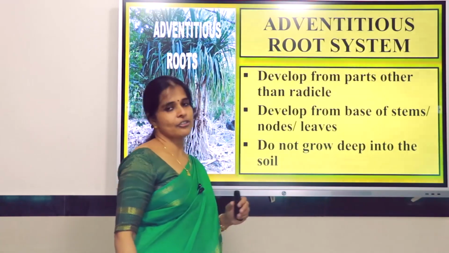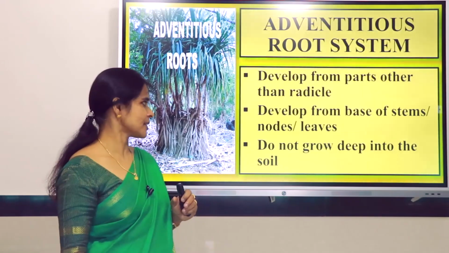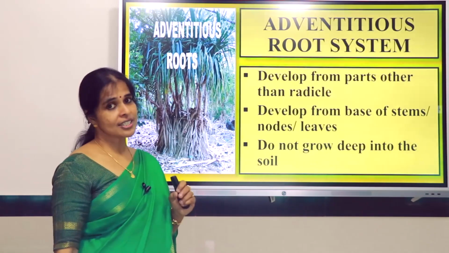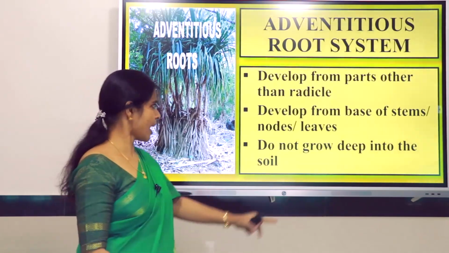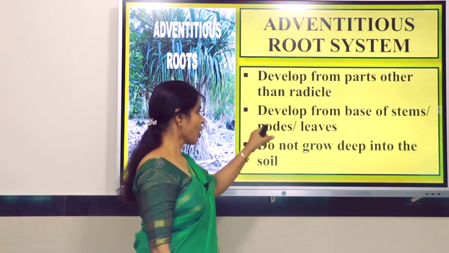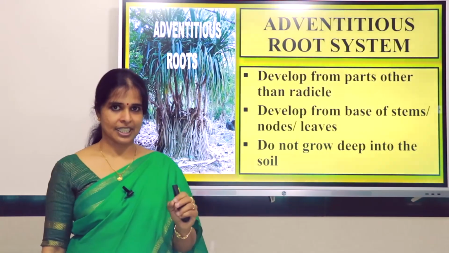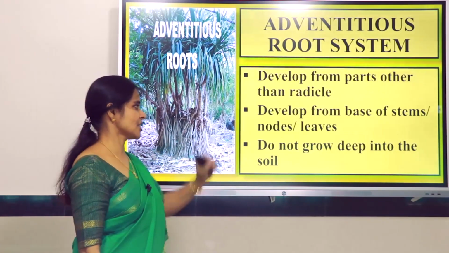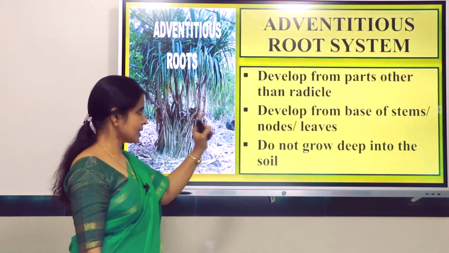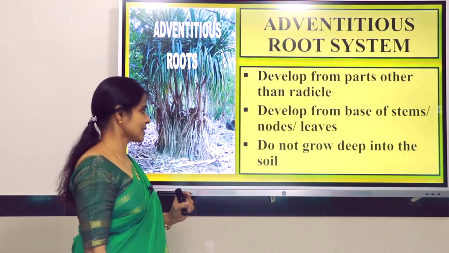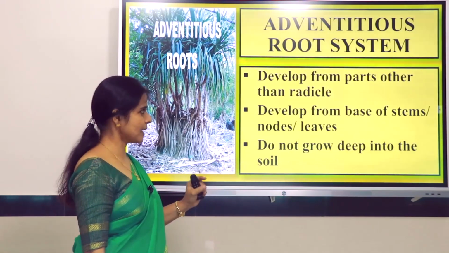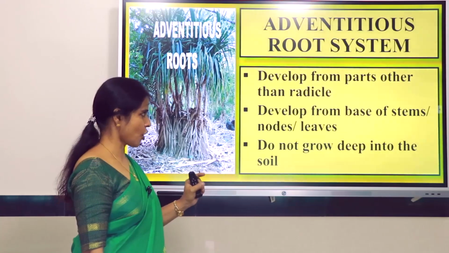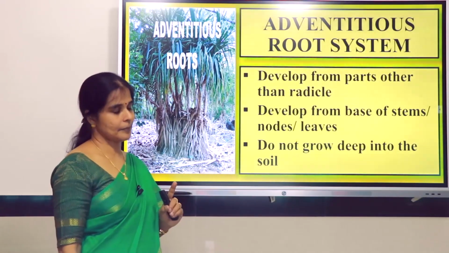So from the leaf also, sometimes root development takes place. All such roots, when they develop either from the base of the stem, or from the nodes, or from the leaves, are known as adventitious roots. This is a special type of root system which develops from the base of the stem, nodes or leaves, not from the radicle.